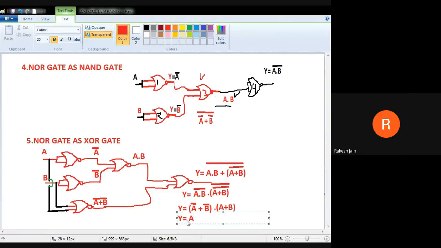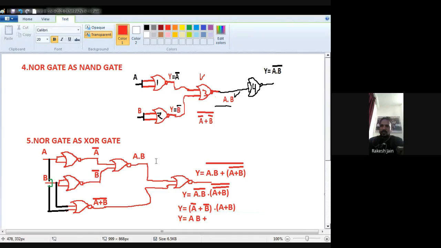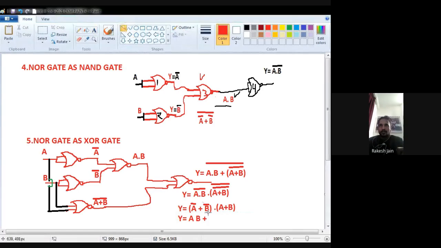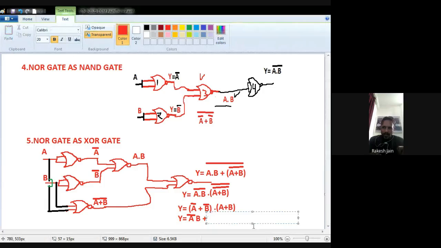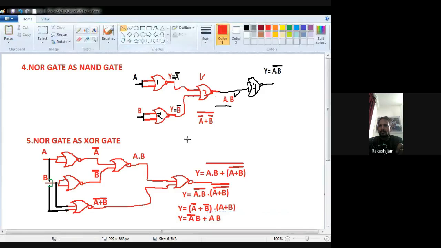Now A bar, the A bar will be multiplied with B. So A bar B, then plus, B bar multiplied by A. So we can say B bar A or we can say AB bar, both are same. Then B bar multiplied with B, so that is 0.